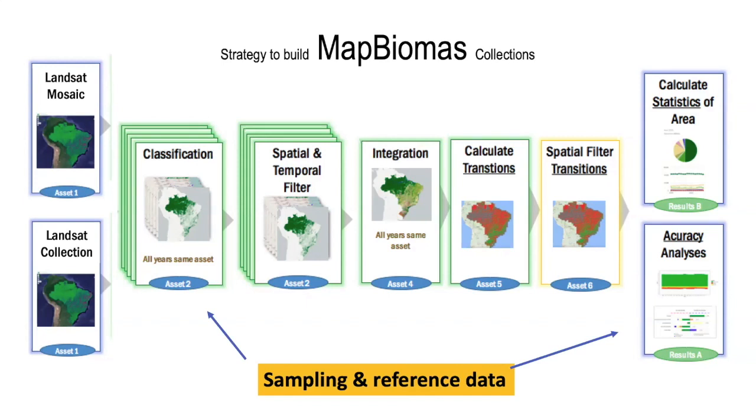As we were talking about a lot, the sampling. Obviously, we do a lot of sampling and training data for the classification, but we also do a separate big data set just for the accuracy assessment.